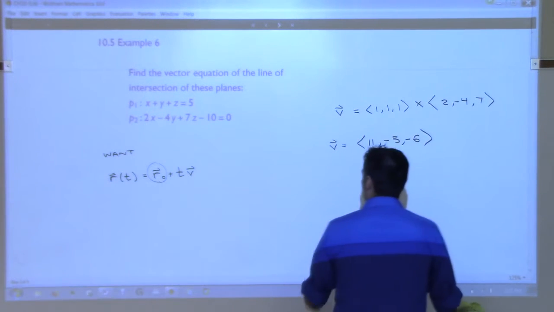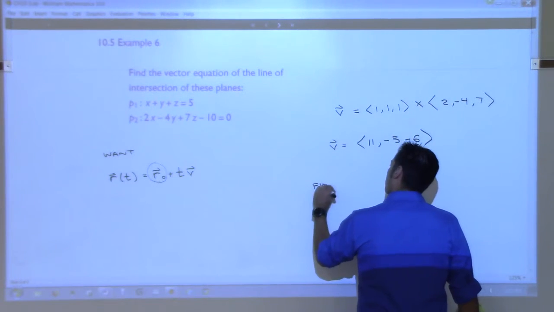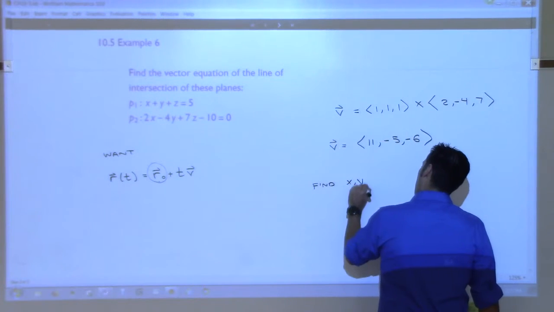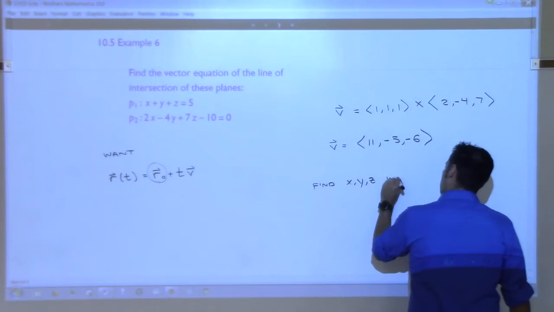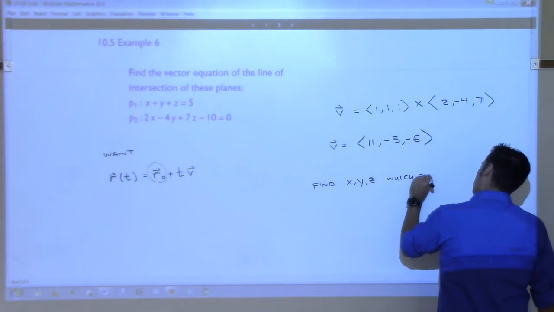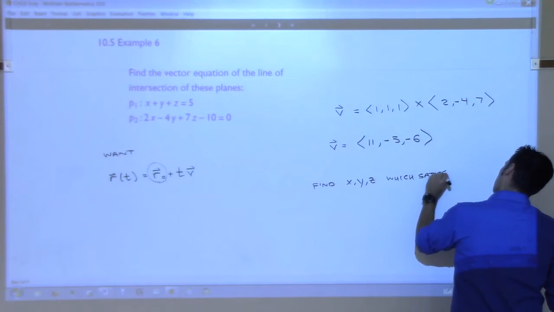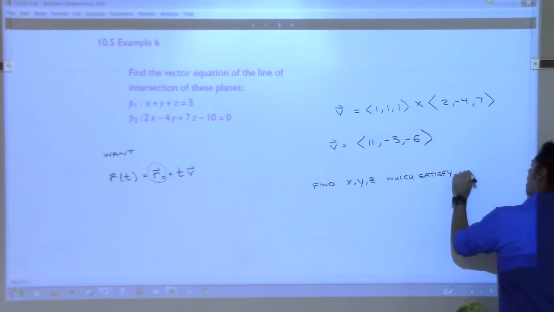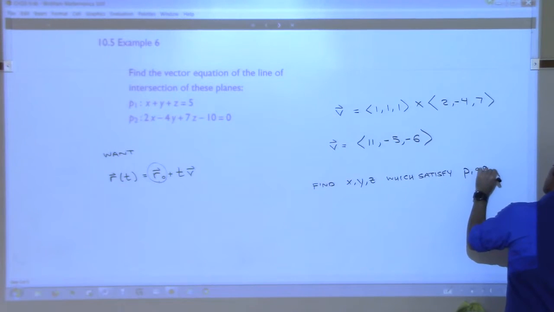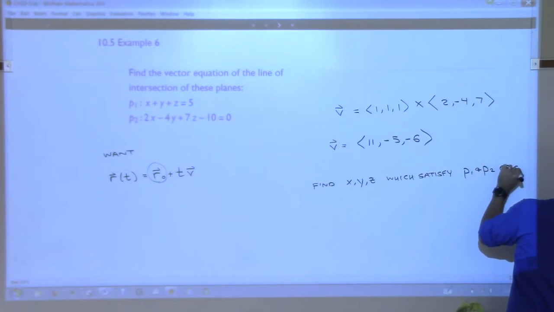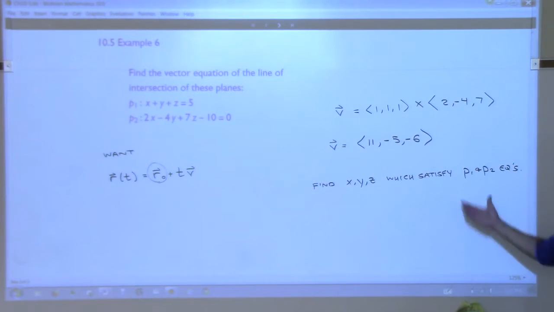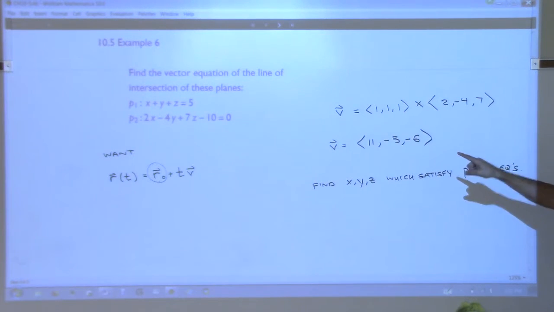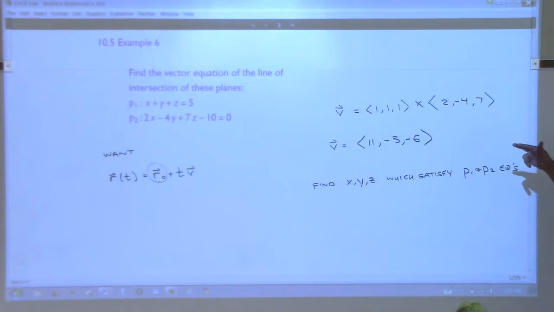So now it's up to you. You need to find an x, y, z which satisfy the plane 1 and plane 2 equations. That makes sense? You give me an x, y, z that will make the first plane equation and second equation true at the same time.